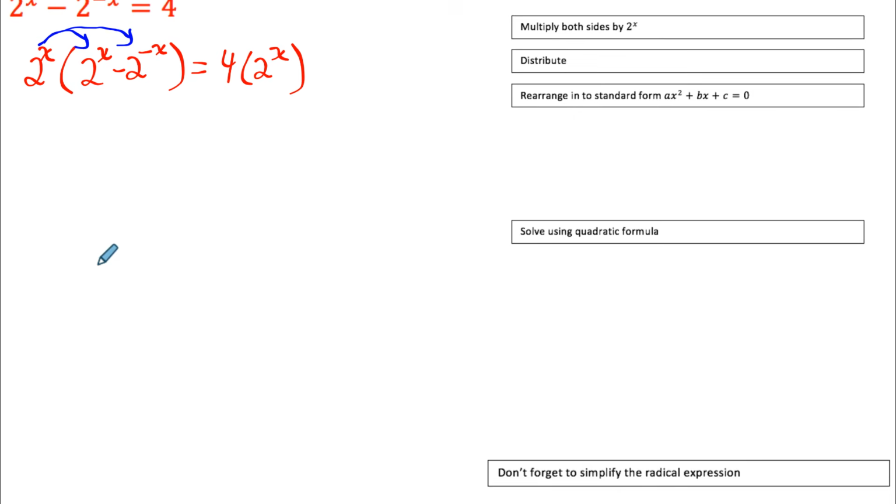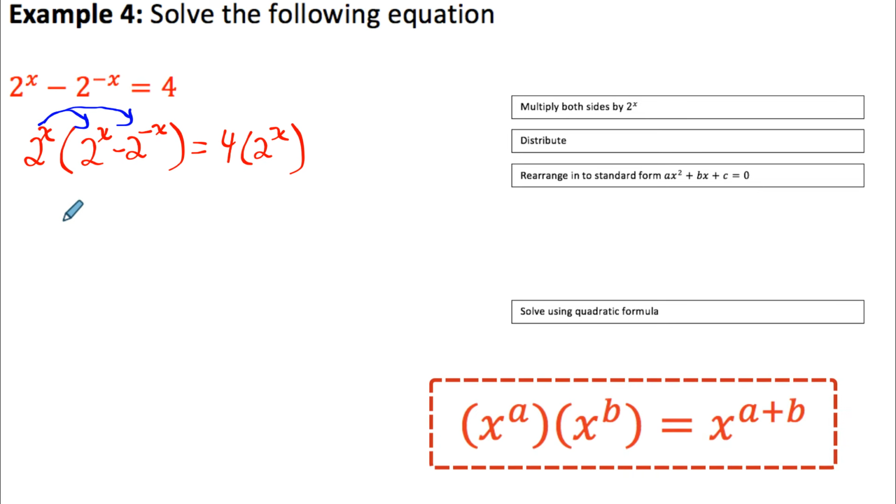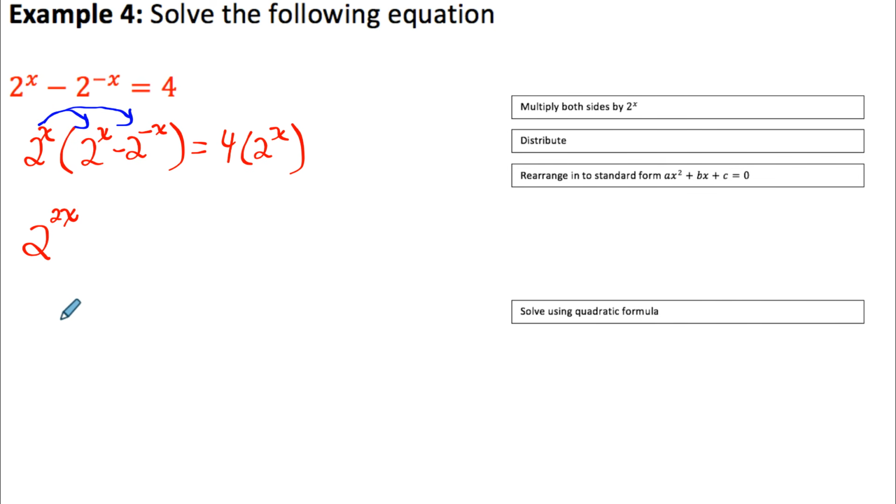And when I do that, I'm going to need some exponent rules. 2 to the x times 2 to the x. Powers being multiplied with the same base, I can write as a single power with the exponents being added. X plus x, 2x. Minus 2 to the x times 2 to the negative x. Same thing, write those as a single power by adding the exponents. X plus negative x is 0.